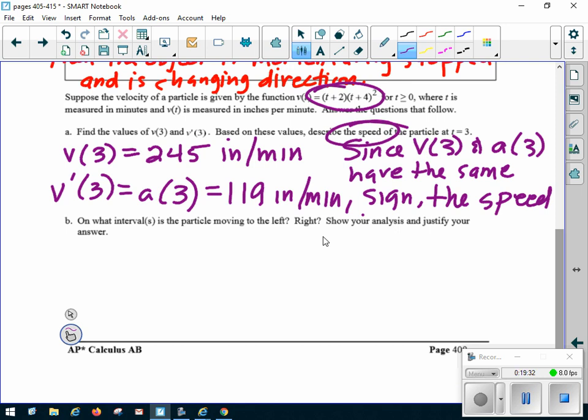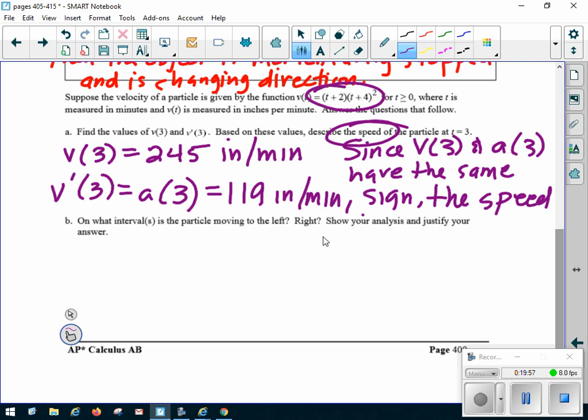A particle, look at your tables, look at those charts. A particle is moving to the left when its velocity is negative. So all I need to do is a sign analysis on the velocity.